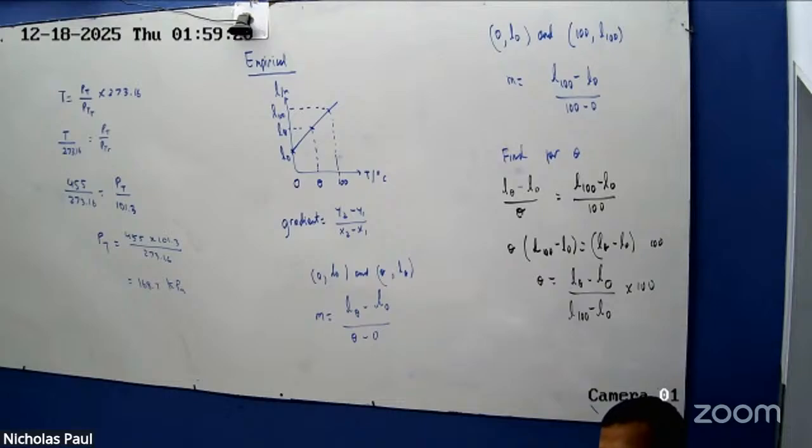Find the unknown temperature, in degrees Celsius of course, when its pressure is 116 kilopascals.